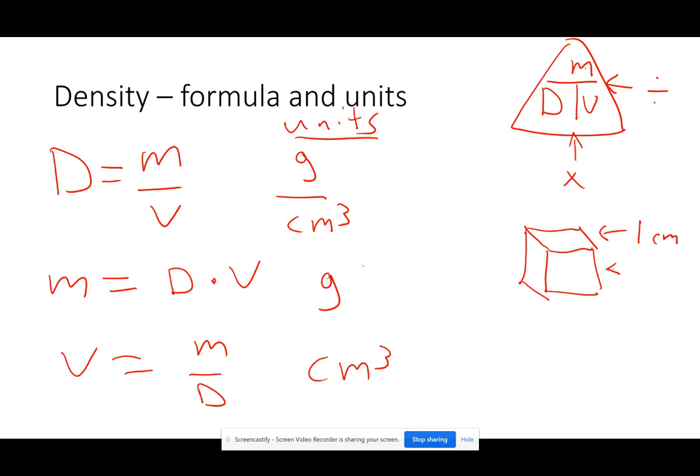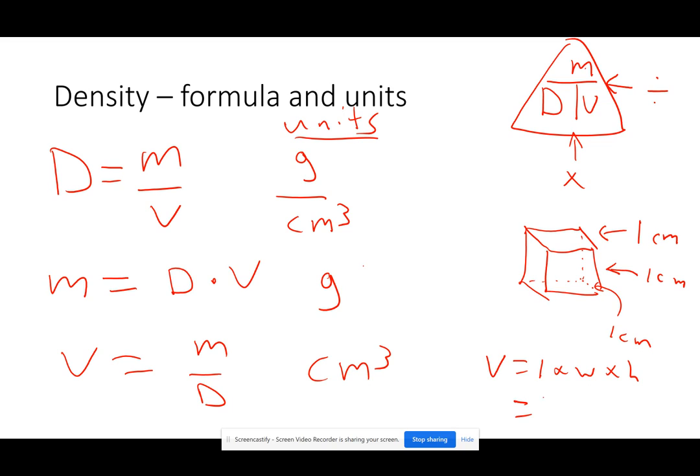So each side is 1 centimeter. And, if we were to do this, we would see that this side is also 1 centimeter. So its volume is length times width times height. That's how we calculate the volume of a cube.